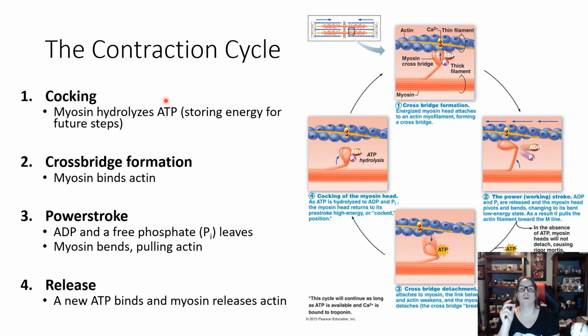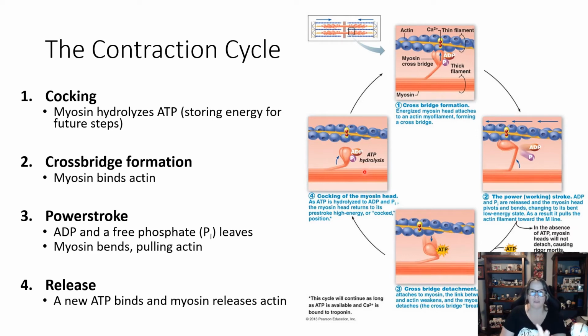But because myosin really wants to be with actin, it's going to be ready so that if the opportunity arises, they can connect. So during the process of cocking, we take an ATP, remember that is our energy currency, and we're going to break it down into its constituent parts, ADP and a free phosphate, a process called hydrolysis.